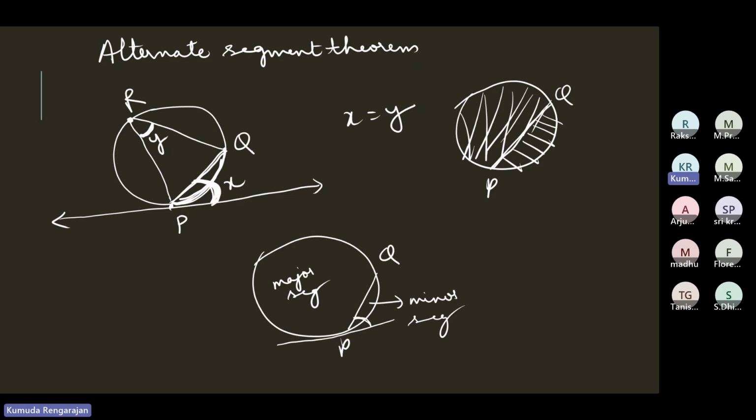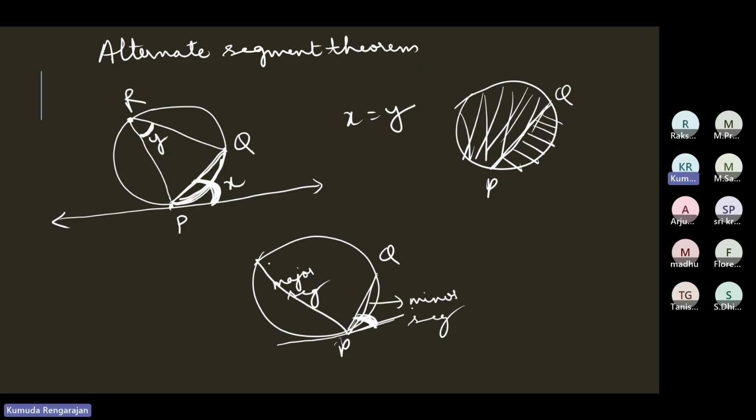This angle between the chord and the tangent passes through the minor segment. So this angle is the angle between the chord and the tangent in the minor segment.